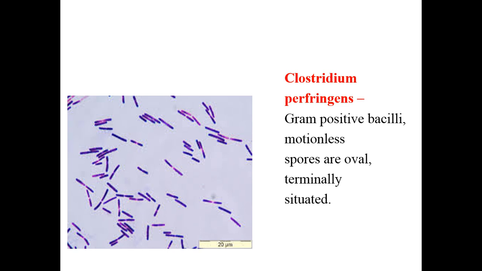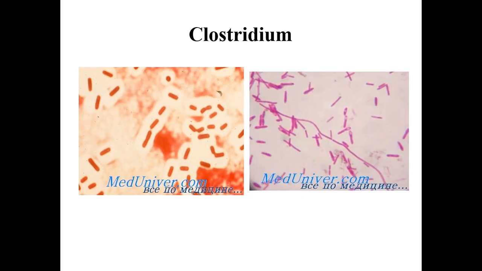Soluble substances are also produced, such as neuraminidase, histamine, and a circulating factor that inhibits phagocytosis. And the next slide shows types of Clostridium.